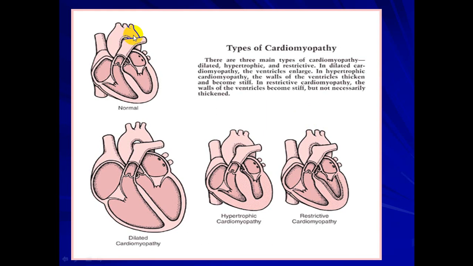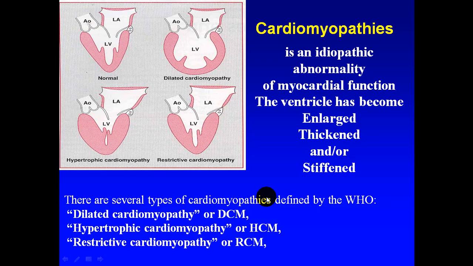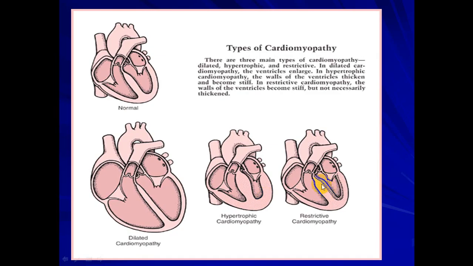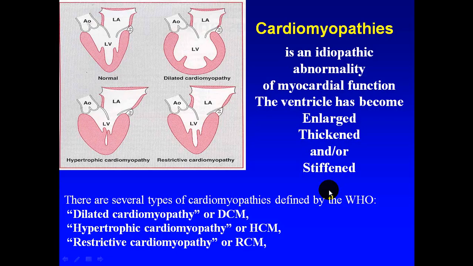We can see here the normal heart, and this is a dilated cardiomyopathy, with dilatation and sometimes even hypertrophy. Here is septal hypertrophy, disproportionate to the free wall of the left ventricle, and the next is the restrictive or infiltrative cardiomyopathy.